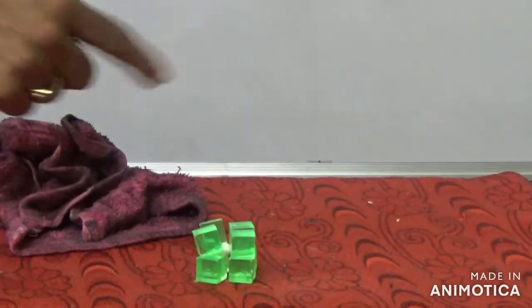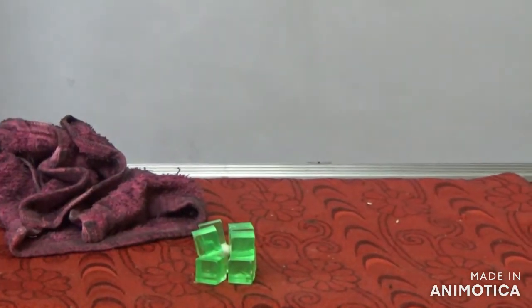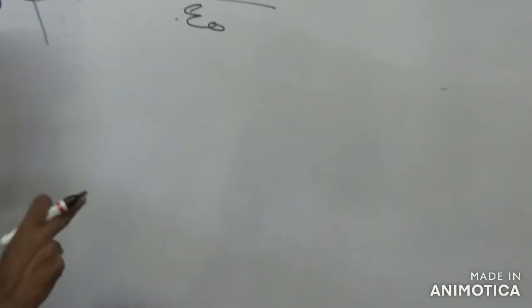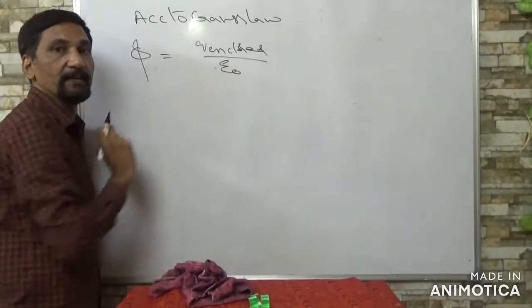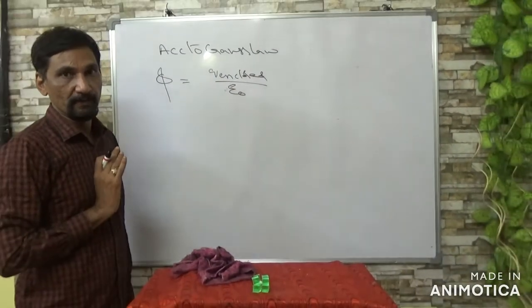So the charged body is surrounded by 8 cubes. According to Gauss law, the total flux of this system is the charge enclosed by epsilon naught, right?